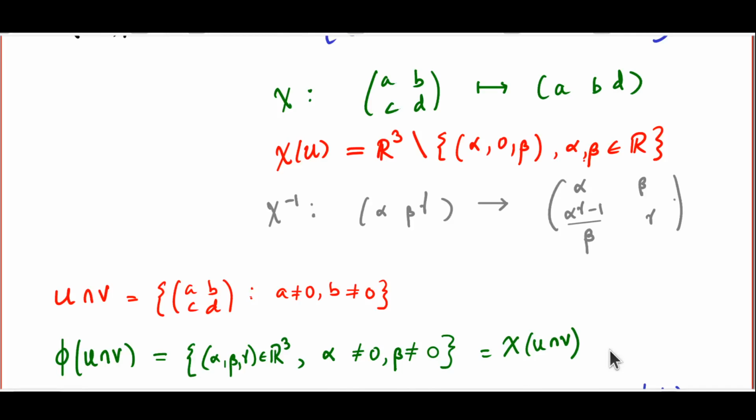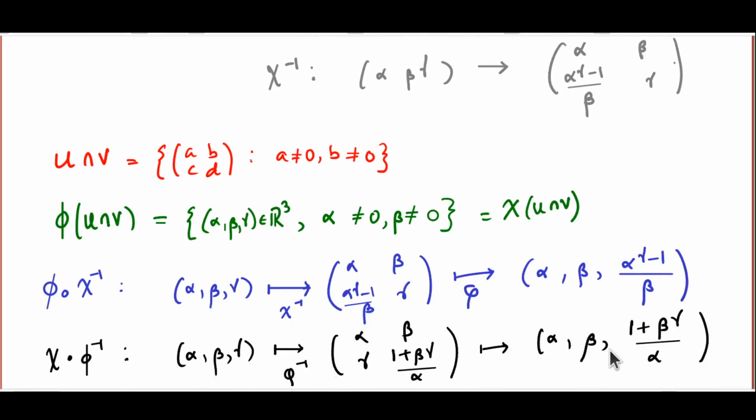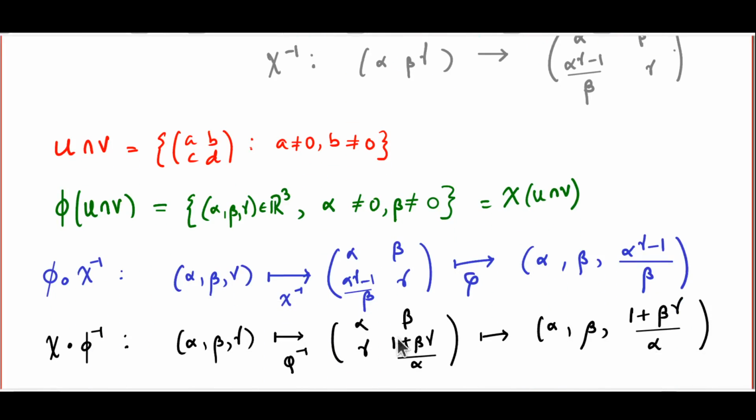What about the transition functions? Phi composite chi inverse, well, let's start with alpha, beta, gamma, a triplet, and do this in stages. If I apply chi inverse, then alpha, beta, gamma obviously becomes this matrix, alpha, beta and gamma sitting here, and alpha gamma minus 1 by beta sitting in the C position. Phi will return to me A, B, C, which means it will give you alpha, beta, alpha gamma minus 1 by beta. What about chi composite phi inverse?